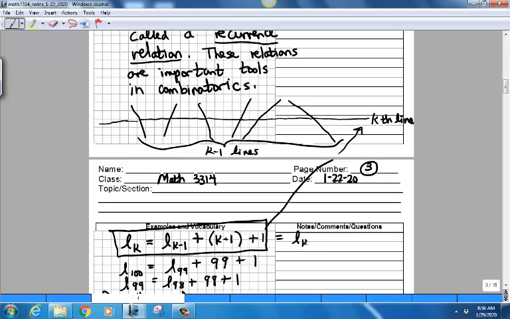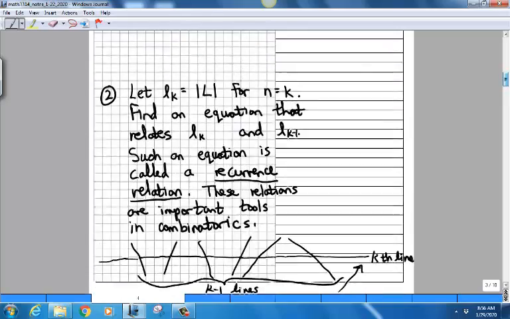This is L sub k minus 1 plus what? k minus 1 plus 1 is just k. I could have written it that way, but I left it as k minus 1 plus 1 because it's going to make my further analysis easier. I had a little secret there in not simplifying this. I should have made that clear earlier.